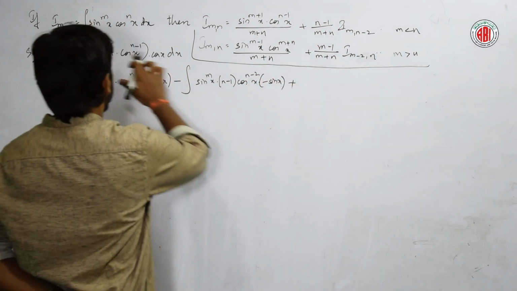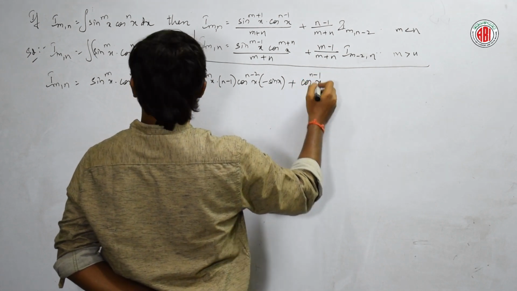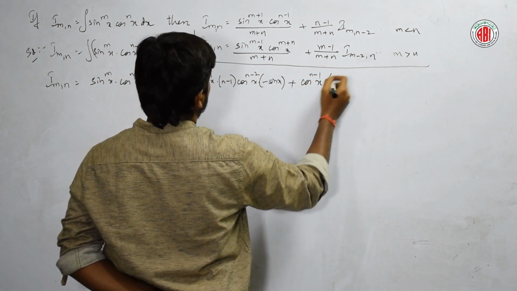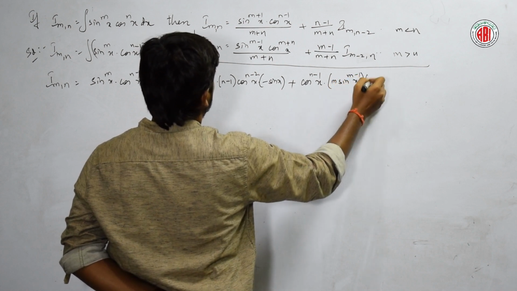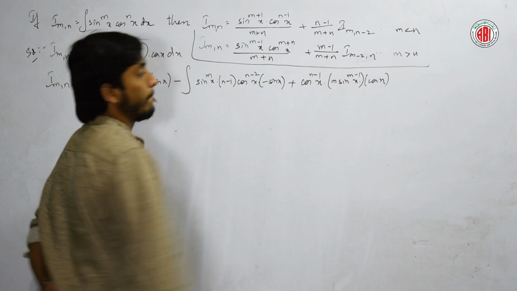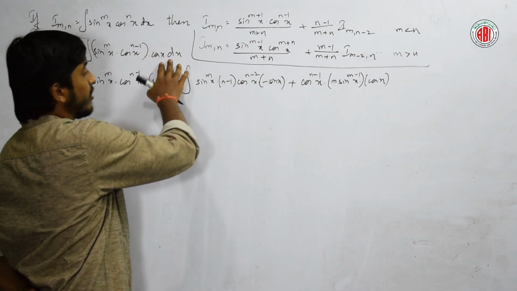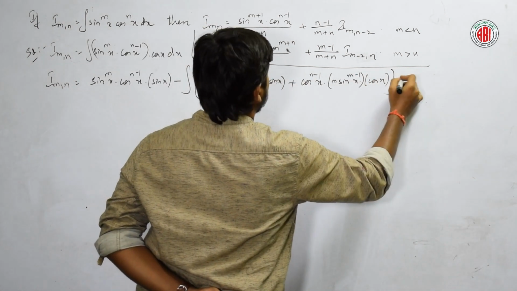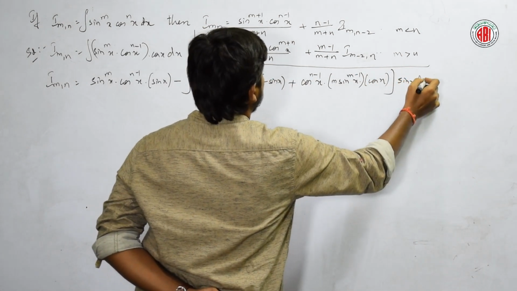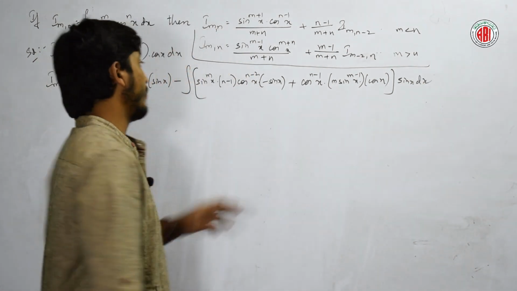Next, v into u dash: cos^(n-1) x into the differentiation of sin^m x, which is m sin^(m-1) x into cos x. Then integration of cos is sin x dx. Is it right?